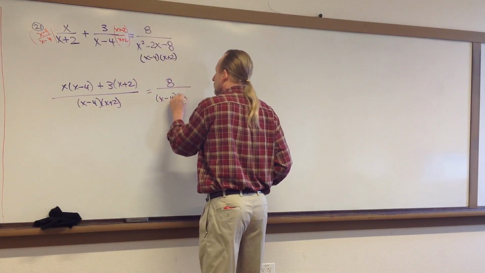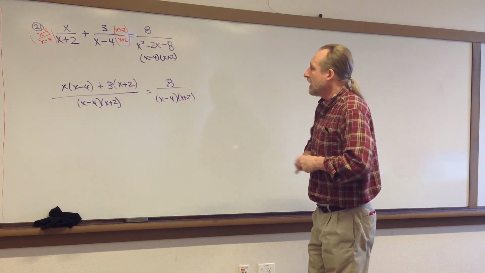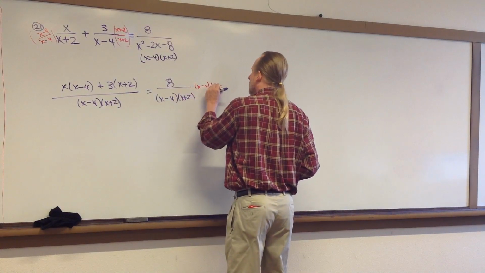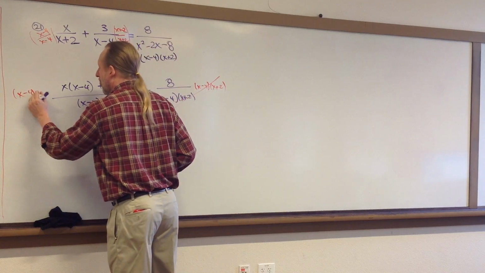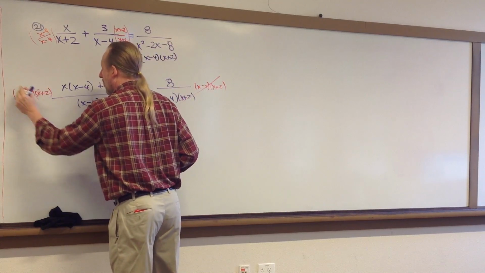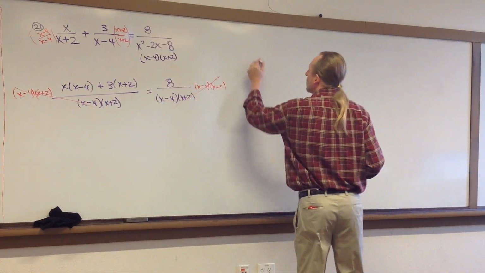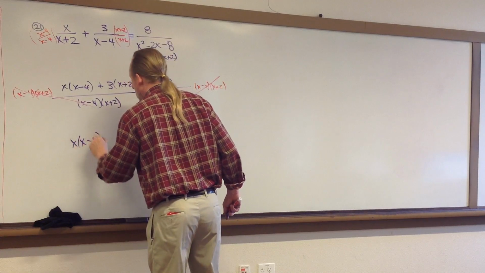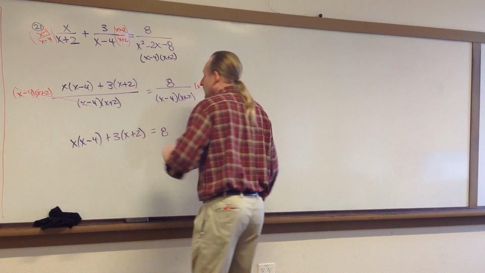And that's the point, is that you want these two denominators to match up so that you can then come in and multiply on both sides by that denominator and cancel them both out. And so what we're left with then is just x times x minus 4 plus 3 times x plus 2 equals 8.